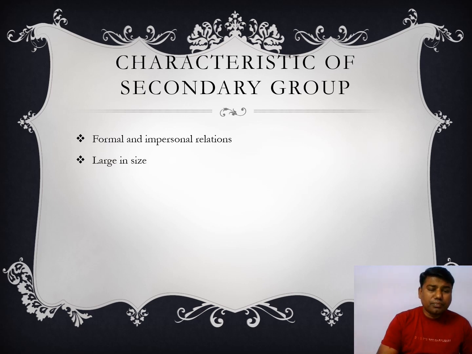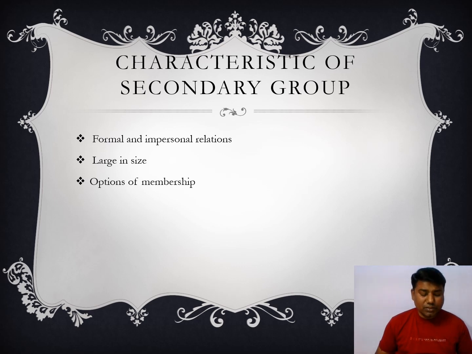So the secondary groups are larger in size. I have already explained about it. There is option of membership. In secondary group, the membership may be optional. The membership is not compulsory, just what happens opposite in primary group.